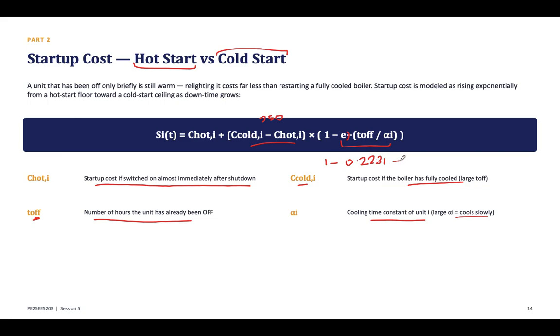This will give you 0.7769 for this bracket. Multiplying this fraction by the hot to cold difference, you have to multiply this with 350. We have dealt with this entire expression step by step. What is the product of that?